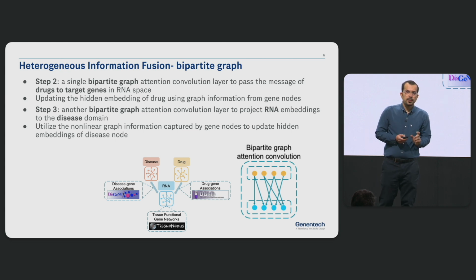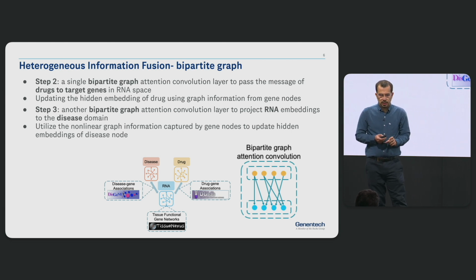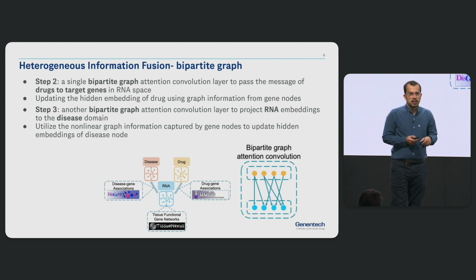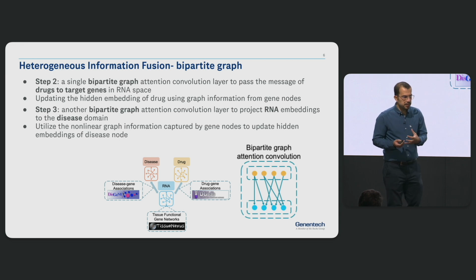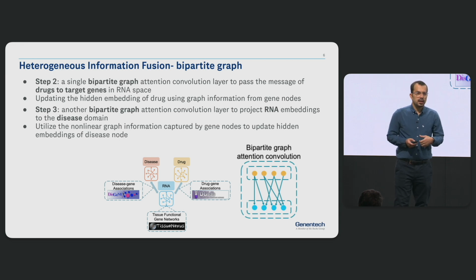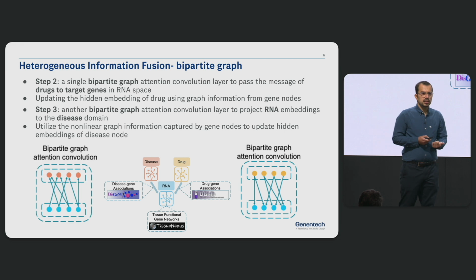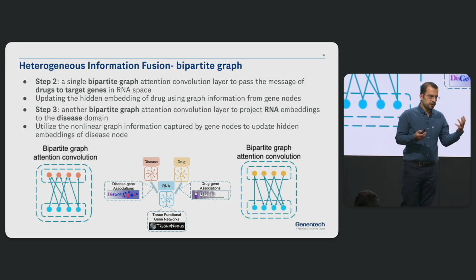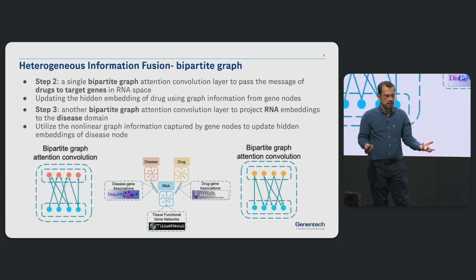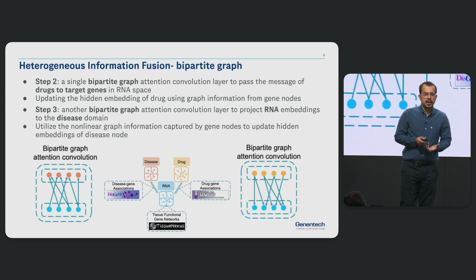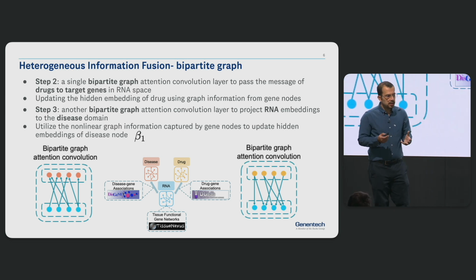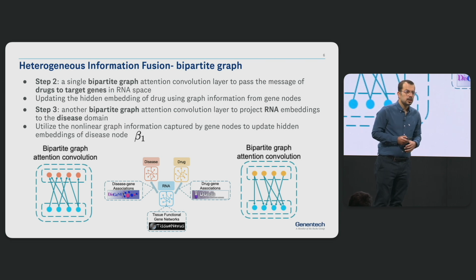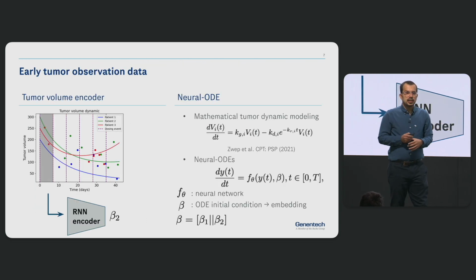So we have another bipartite attention convolution layer, which gets the embedding from the RNA or gene graph and updates the embedding of the disease. And at the end of the day, we have the embedding for the disease and for the drug. We concatenate them, and we call them beta 1.